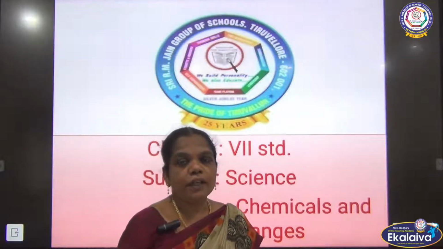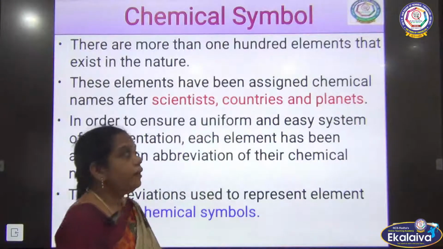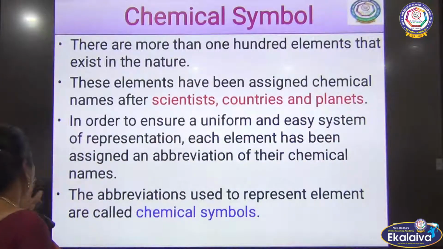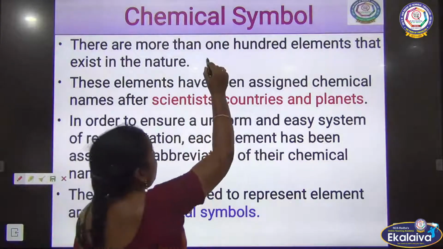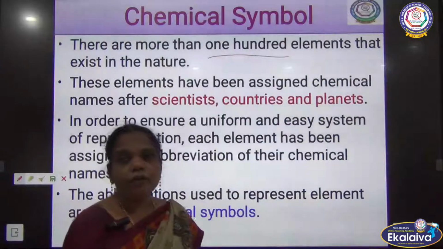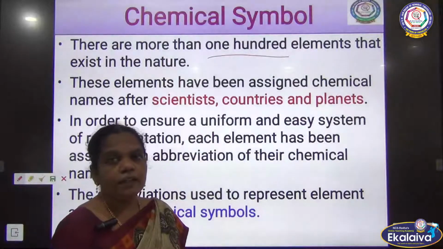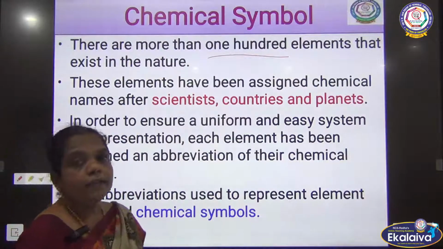How to represent the element in the form of a chemical symbol, because there are more than 100 elements found. So we want to name them easily, or classify them easily, or represent them easily. For that we have to assign a symbol.